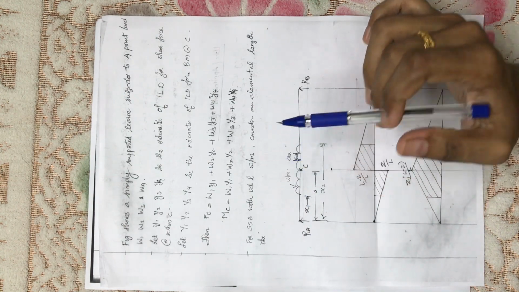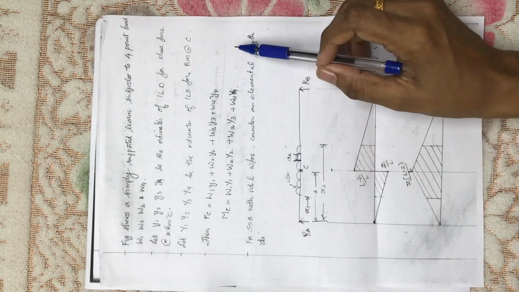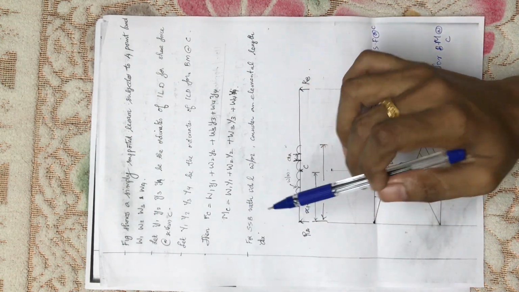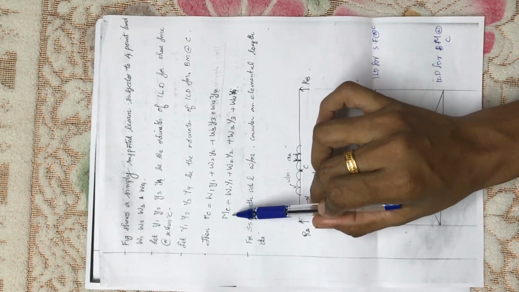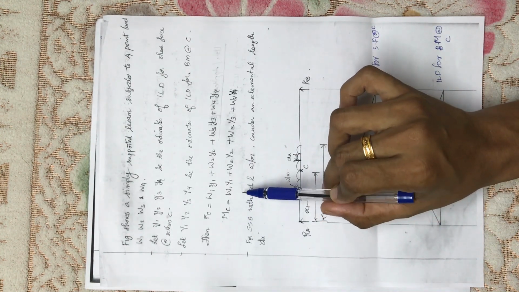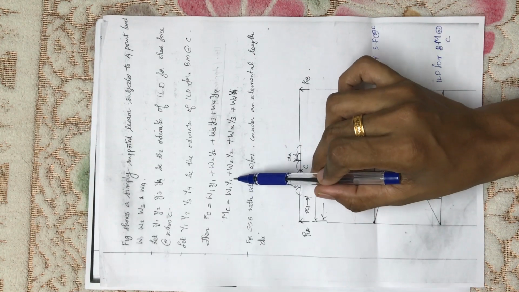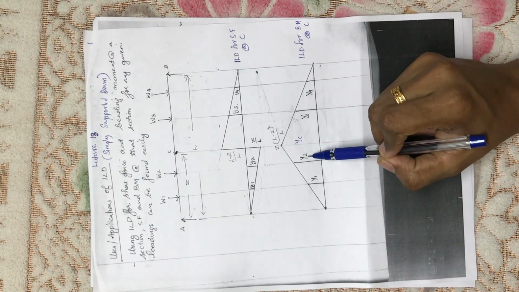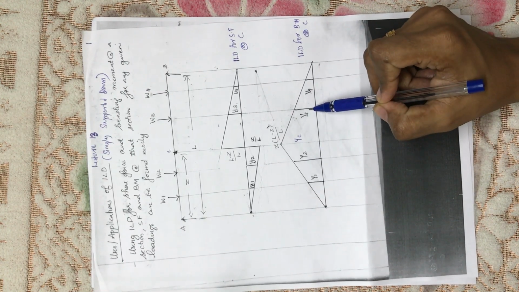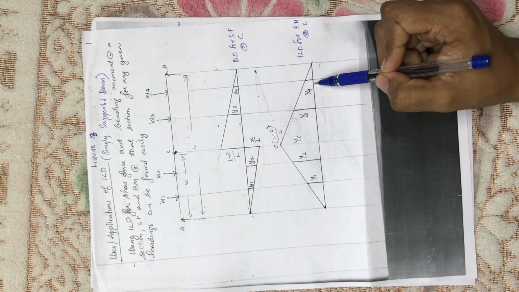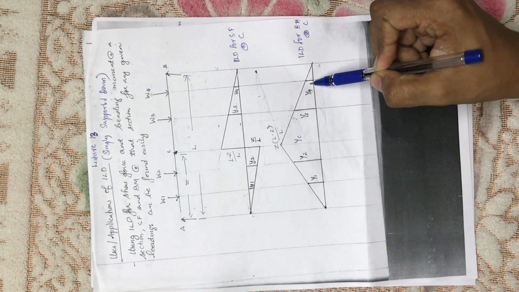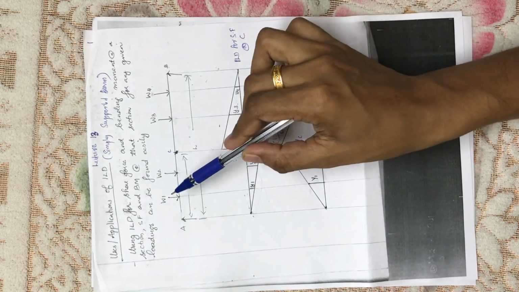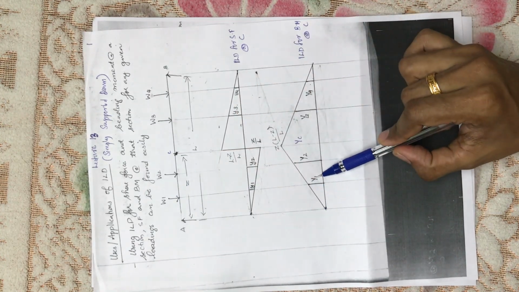Then from the influence line diagram of bending moment, we will get the moment value at the point C. How? It is W1 into capital Y1 plus W2 into capital Y2 plus W3 into capital Y3 plus W4 into capital Y4. That means we have to multiply the load into corresponding ordinate.